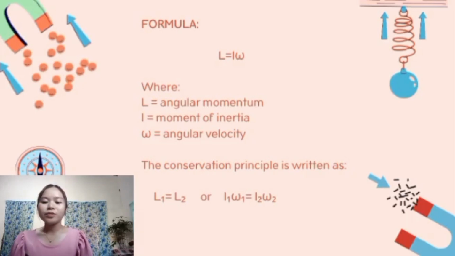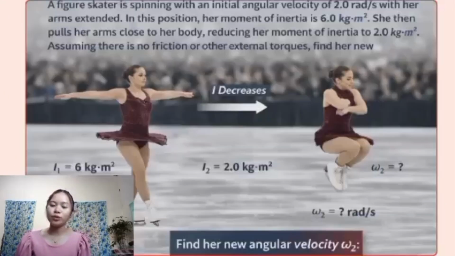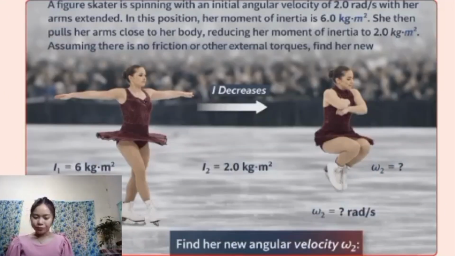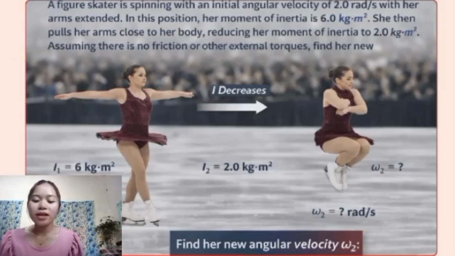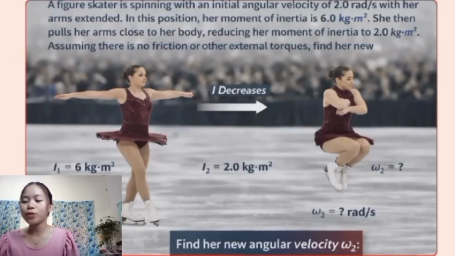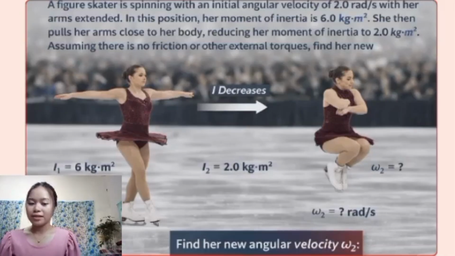The conservation principle written as L sub 1 equals L sub 2, or I sub 1 times omega sub 1 equals I sub 2 times omega sub 2. So for example, a figure skater is spinning with an initial angular velocity of 2.0 radians per second with her arms extended.